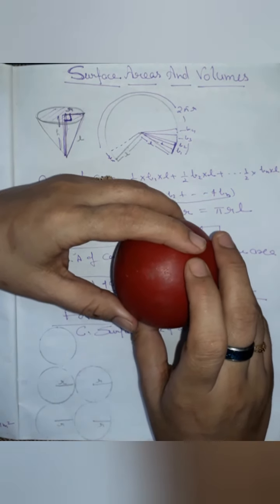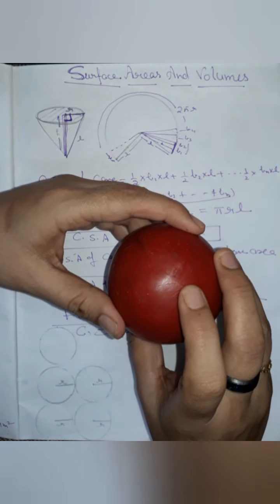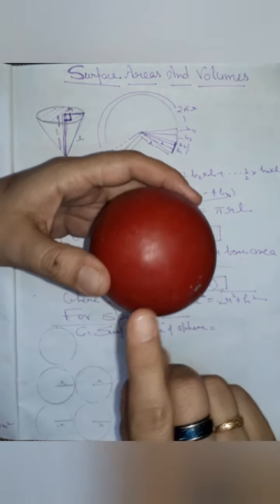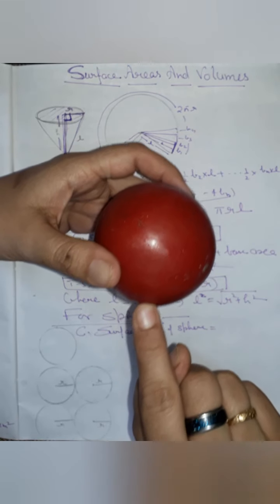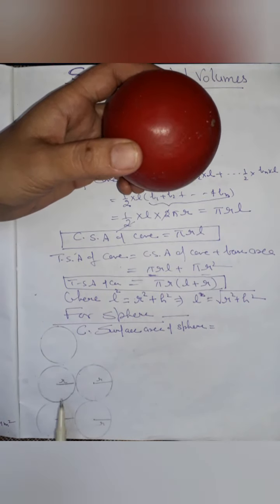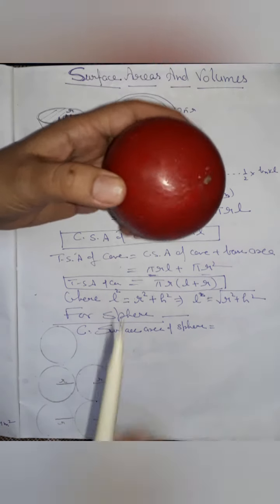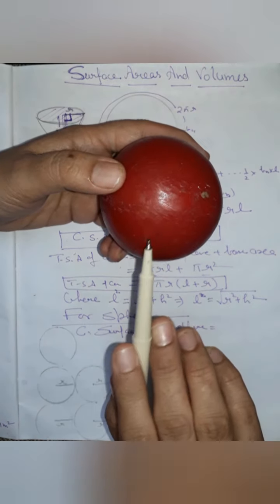After finding the diameter of this ball, we will draw 4 circles with the same measurement of that diameter which this ball is having.